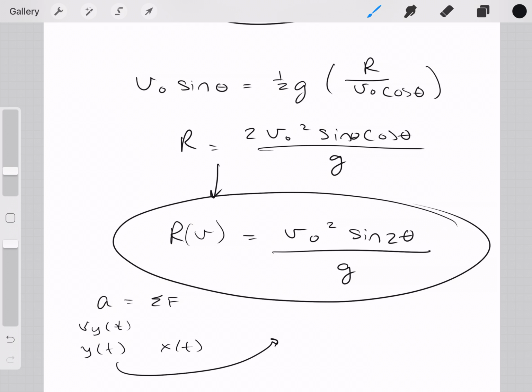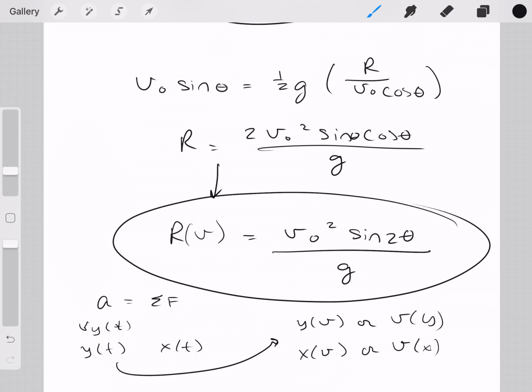So far, we have acceleration from the sum of the forces. We have velocity in y in terms of time. We have y in terms of time. We have x in terms of time. Then we also have y in terms of v, or v in terms of y, whichever way you want to say it.